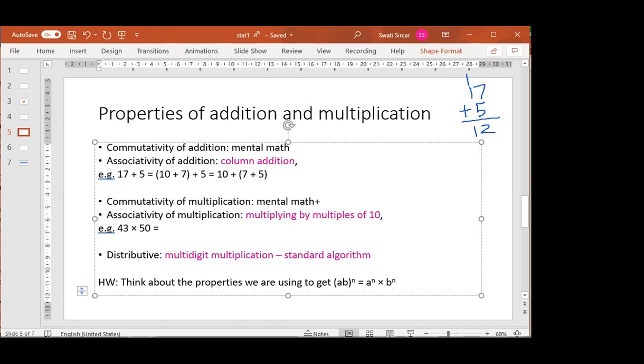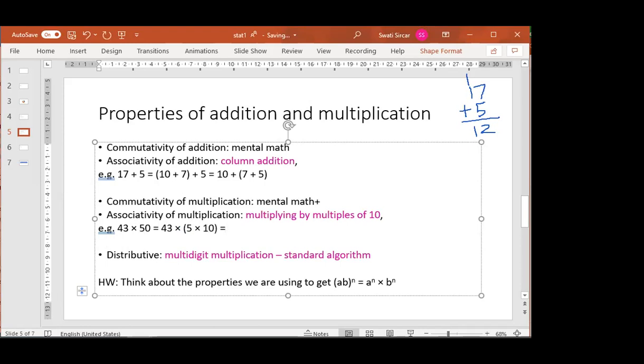Now, what is happening is we are basically using the associative property. It's fairly late that I understood that this is what is happening.